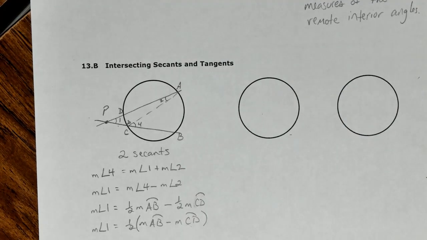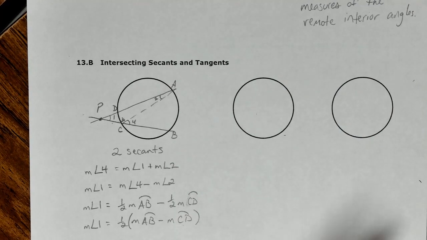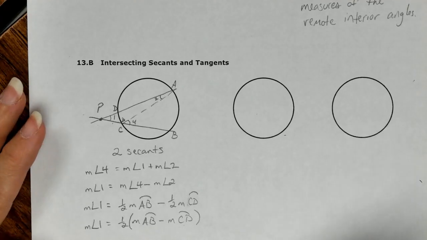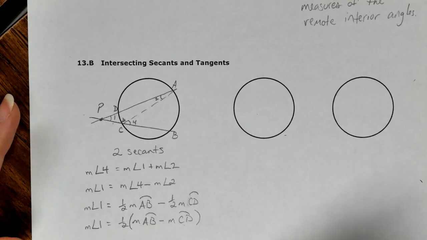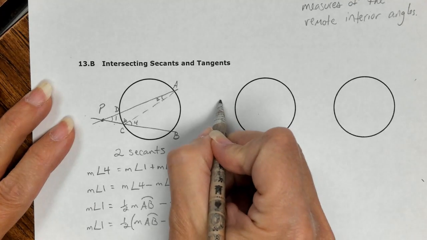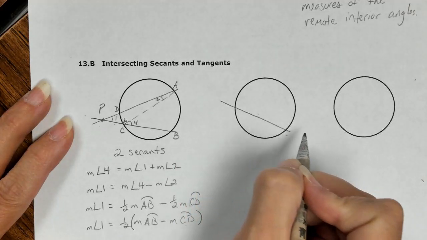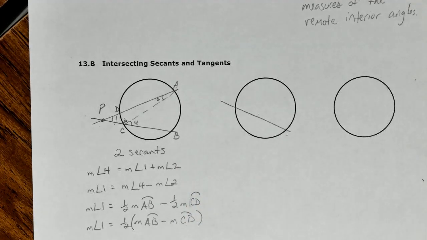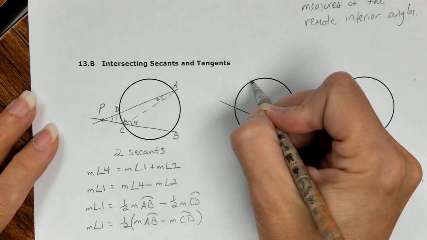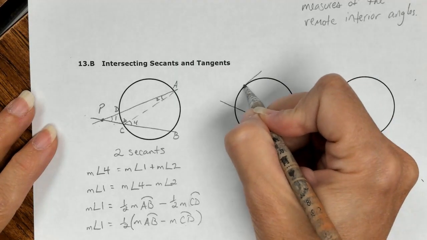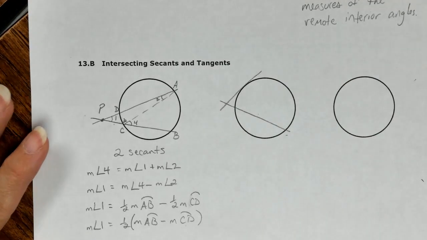Okay, what if it's a secant and a tangent? Okay, so let's put some secant in here. And then a tangent touches the circle at a point. So we'll put it up here. Not too bad.